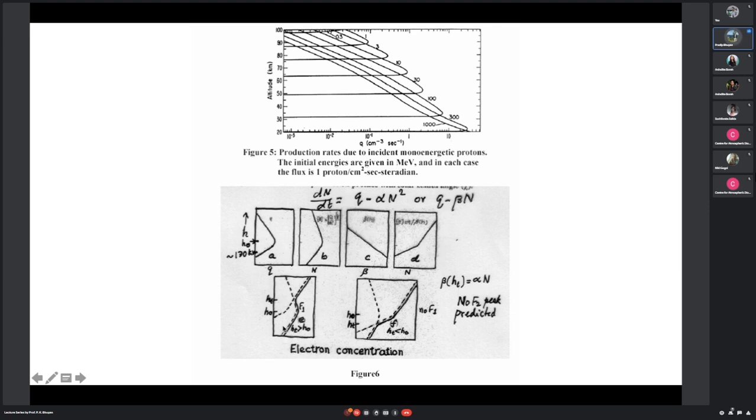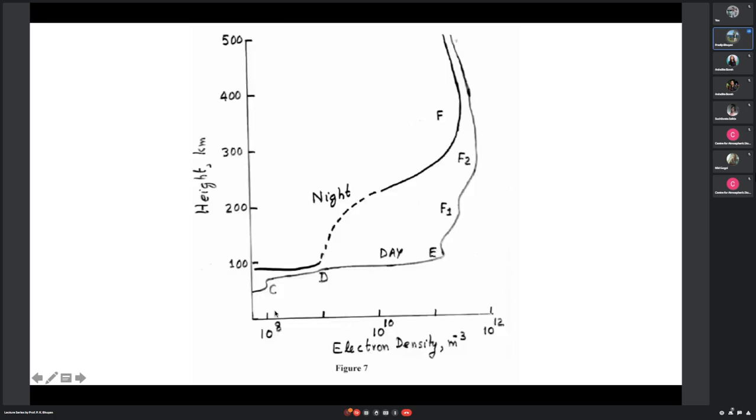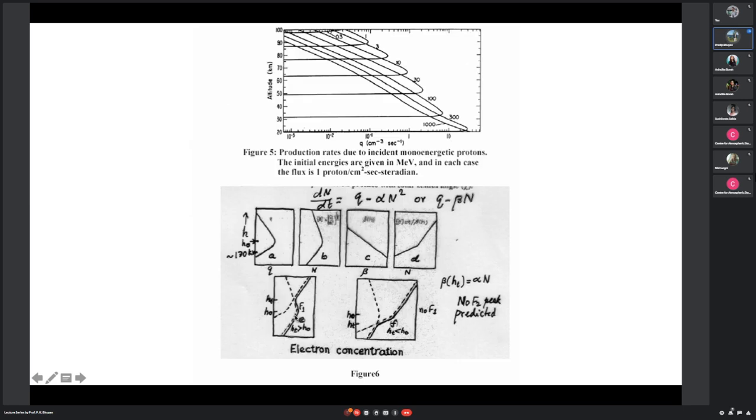So here you can see this is H naught. H naught is your maximum production when the sun is overhead, and here we can see an F1 layer.